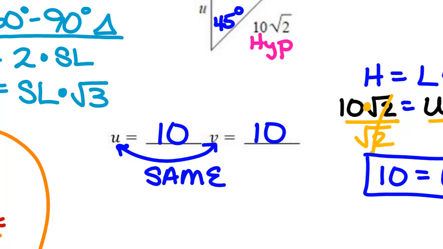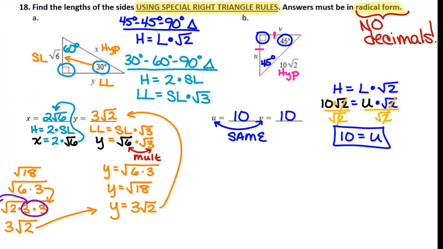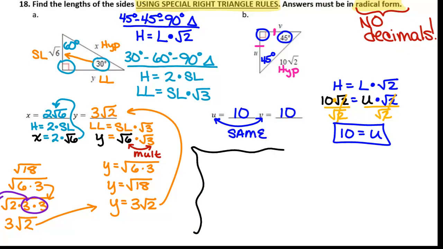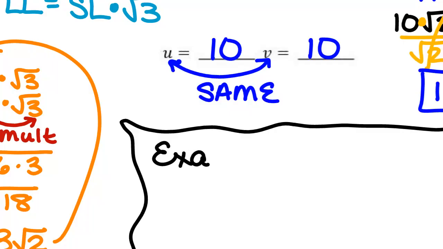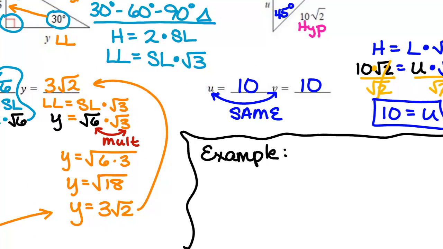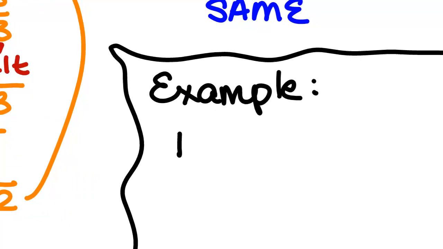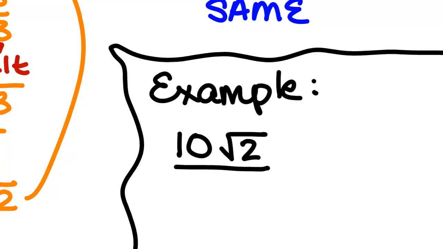All right, one thing quickly before we shut it down for the day. I had a really good question in first period today about what if it hadn't canceled out over on the left? So here's my example problem to look at that. Let's look at 10 square root of 2 over, and I'm going to make up a new denominator.